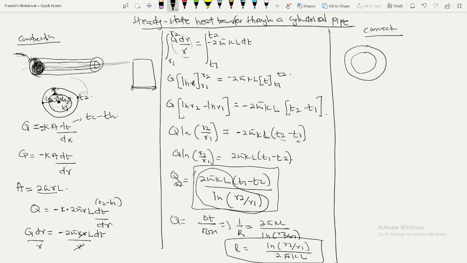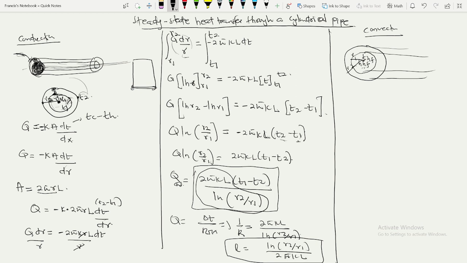Let's say there is a hot fluid which has a heat transfer coefficient for convection. For the moment we say the fluid is flowing through the inner pipe, then it means that heat will be transferred from the hot fluid to the surface of the inner pipe, and that is by convection. So the heat transfer coefficient of the fluid should be there, and also the temperature of the hot fluid. If this is our center, here is R1 and here is our R2.